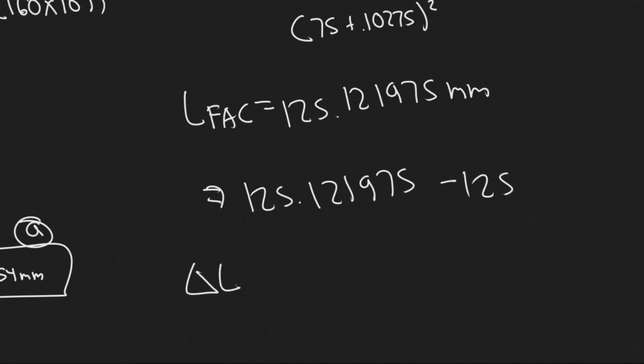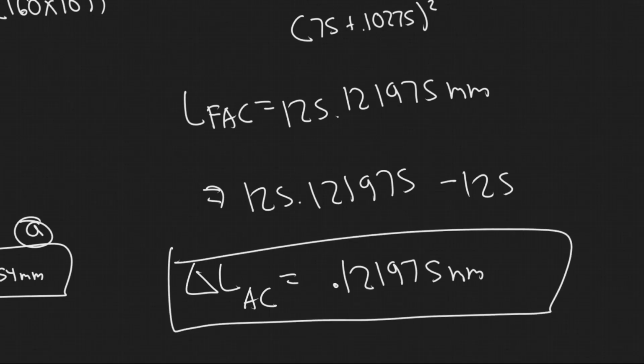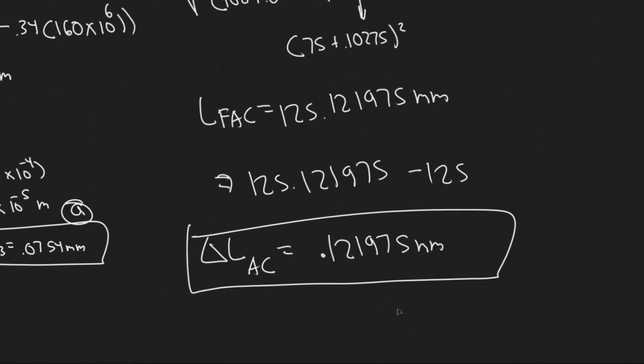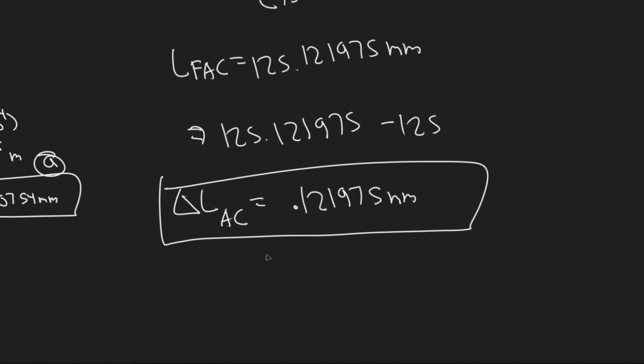So this should give you the change in length of our diagonal AC ending up being equal to 0.121975 millimeters. Yeah, so this right here is the change in length of the diagonal and your answer to part C.